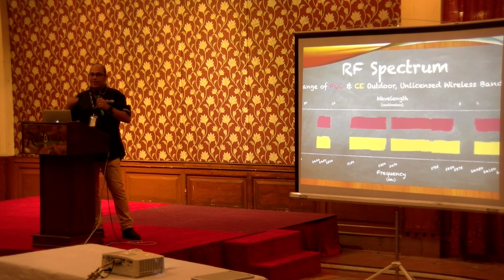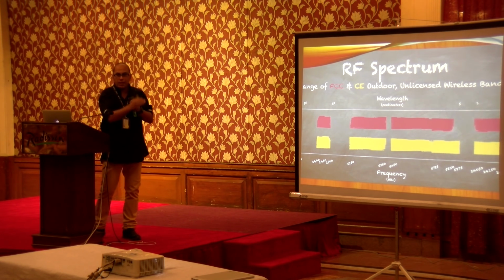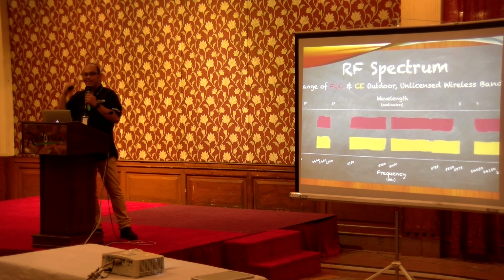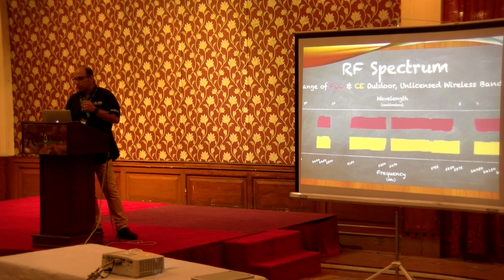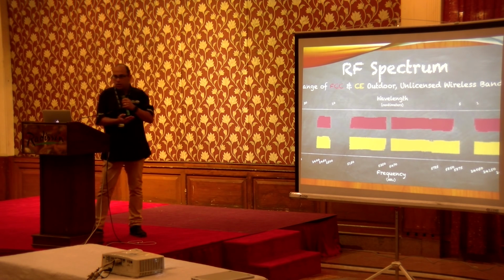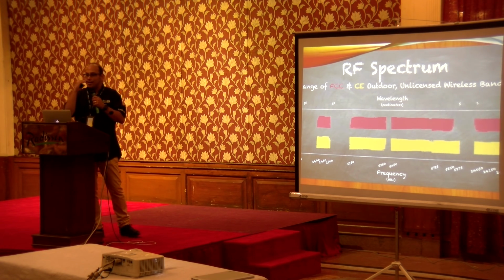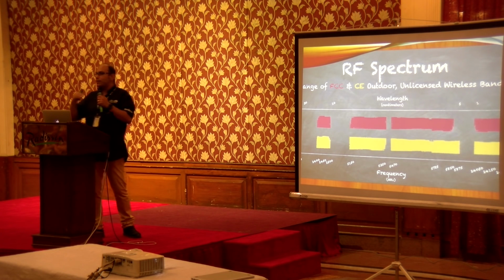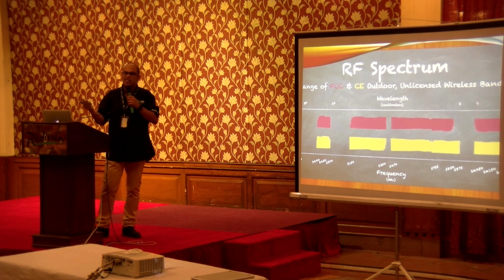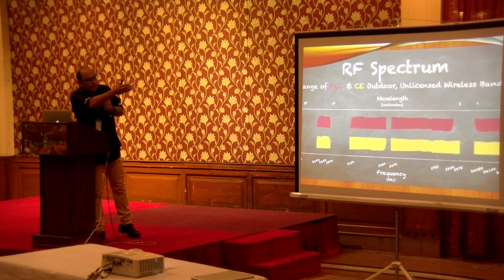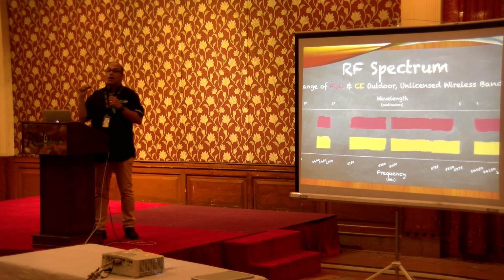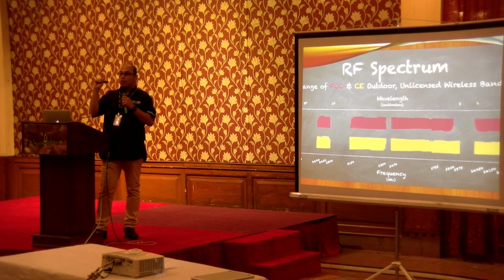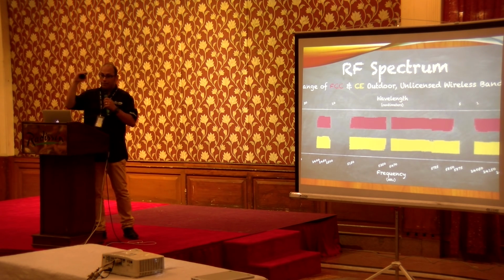Any device that can support frequency higher than 6 gigahertz, we call a microwave device. So what is microwave? Same technology, but microwave is a signal with a frequency higher than 6 gigahertz. This diagram goes up to 24 gigahertz, which is a very high frequency.